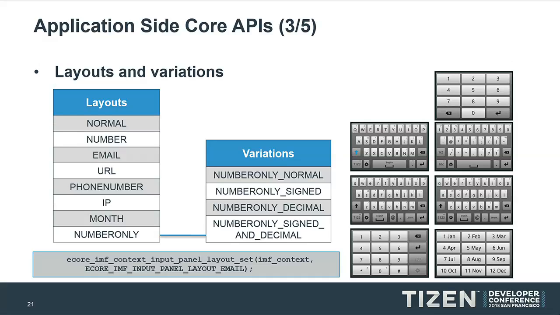And on the right side, there are some of the layouts that are supported in the Tizen keyboard, the built-in keyboard. And those layouts and variations are encouraged for those kind of software keyboard engine developers to support all those kind of layouts and variations, but currently it is not a must.